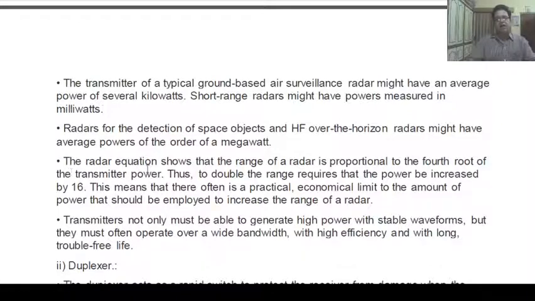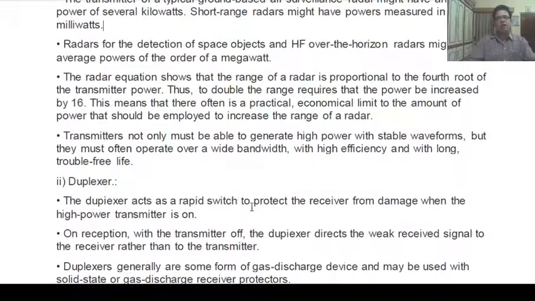The radar equation shows that the range of a radar is proportional to the fourth root of the transmitter power. Thus, to double the range requires that the power be increased by 16. This means that there often is a practical economical limit to the amount of power that should be employed to increase the range of a radar.